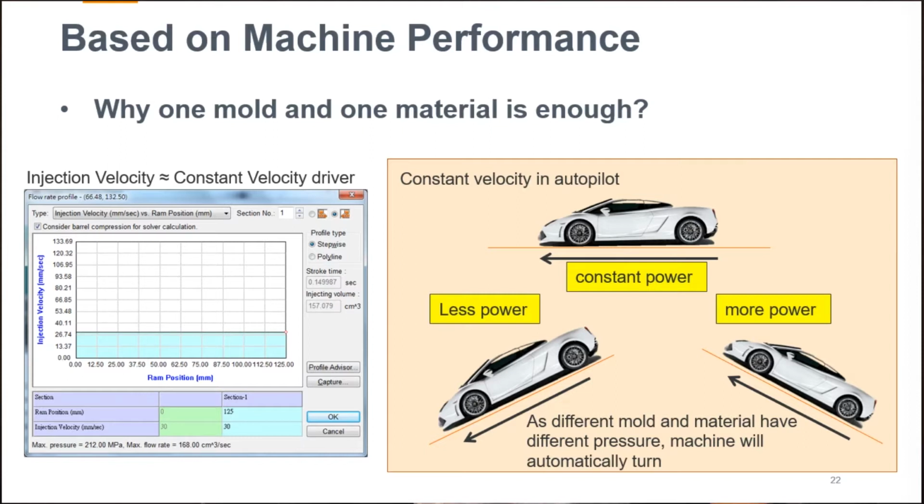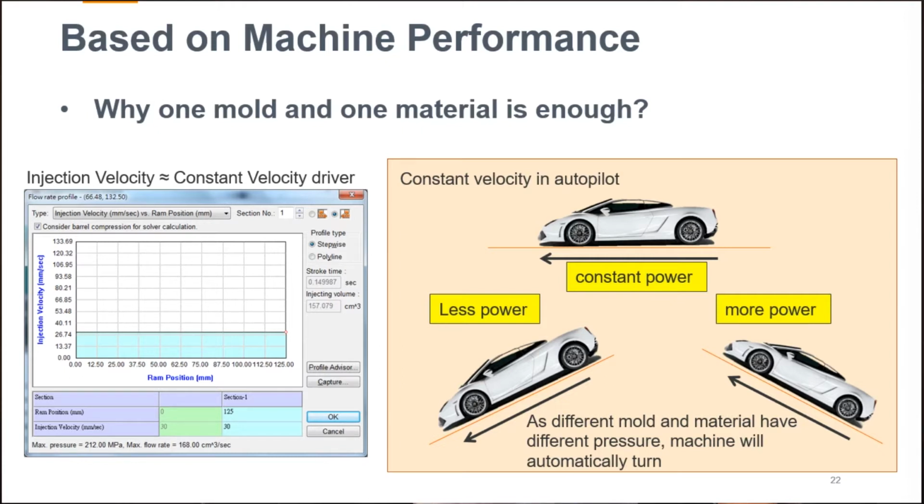When we climb uphill, in order to maintain the same speed, the car will increase the power input and apply more power. When it goes downhill, the car will reduce the power and apply some brake to maintain the same speed.